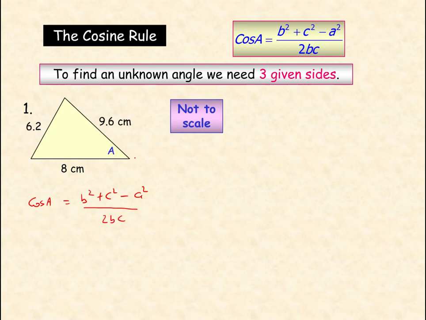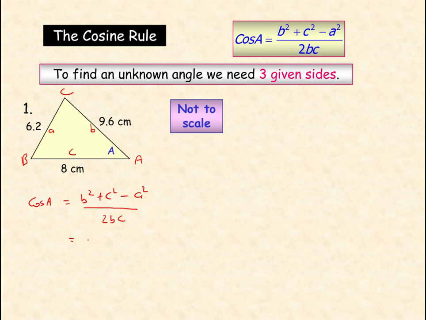So this angle is A. Now since we've been given the other two sides, it doesn't really matter the order. So the angles are the capital letters, and then the sides are opposite them. So that's going to be small a, small b, and small c. And we plug them into our formula.